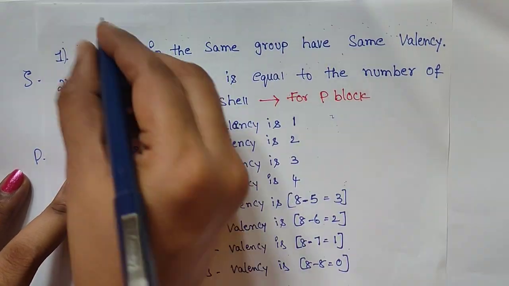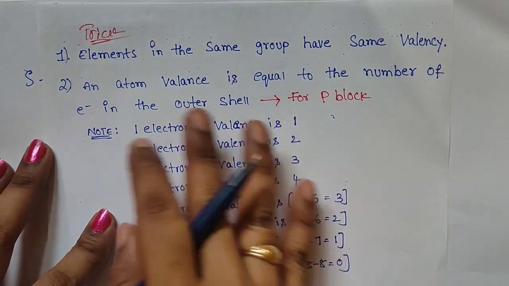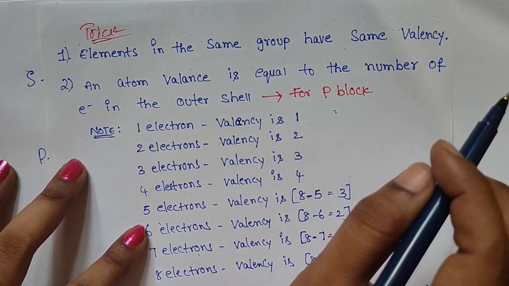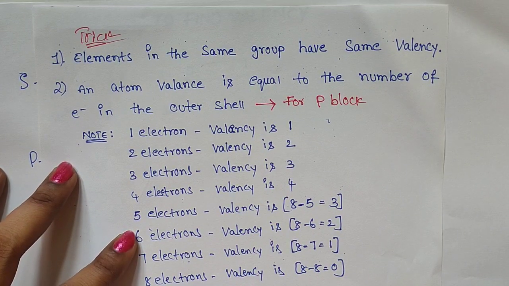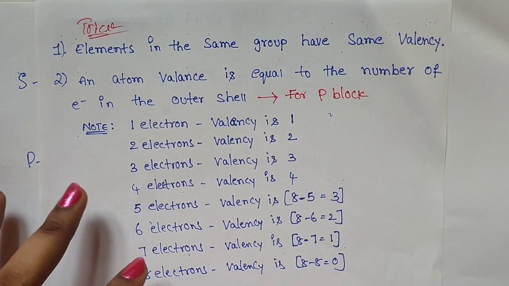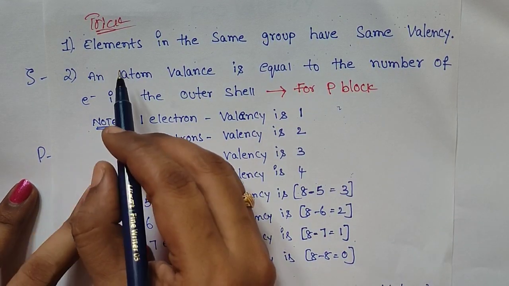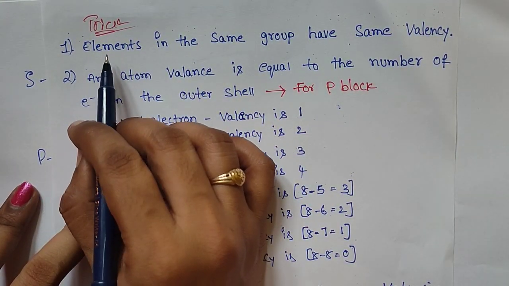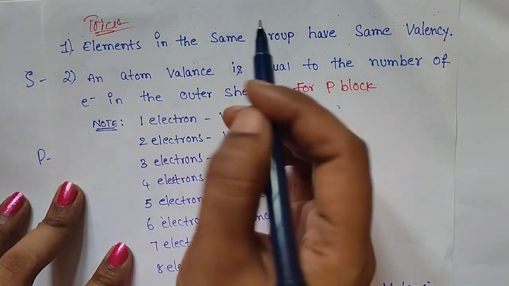Elements in the same group, these tricks are really very helpful for you. See, elements in the same group have same valency. For example, if you take the first A group elements, they have the same valence electrons and they possess the same, fixed valency. Okay. This trick is applicable for S and P block elements.